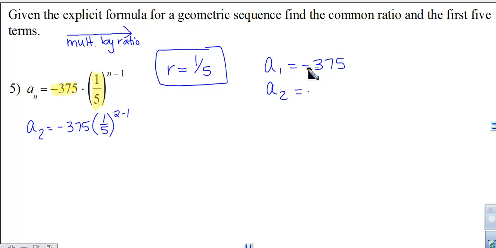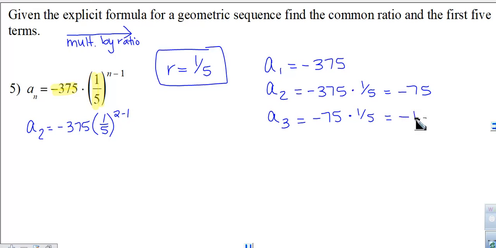So if I take -375 and I multiply by 1/5, I can see that the answer is -75. If I want to go to the next term, I'll take term 2, -75, and I'll multiply it by 1/5.